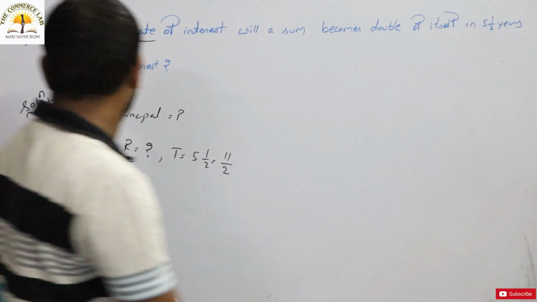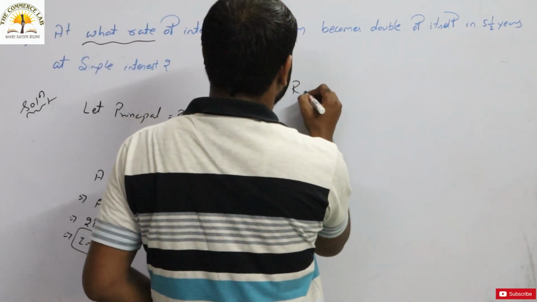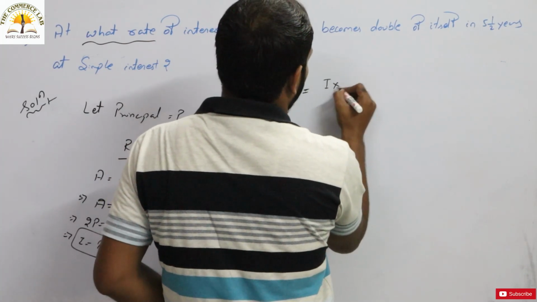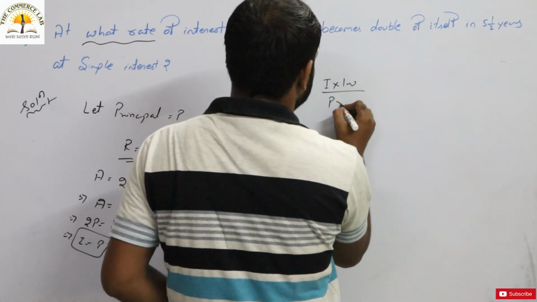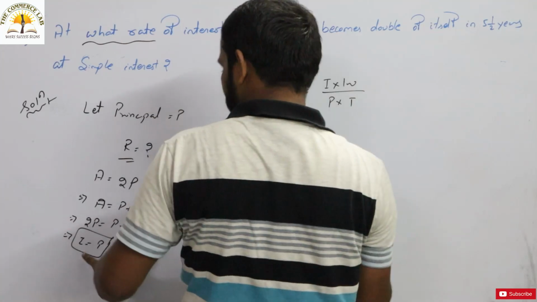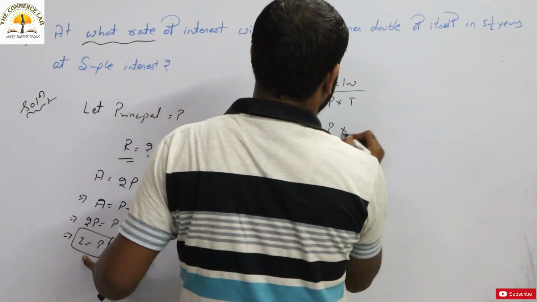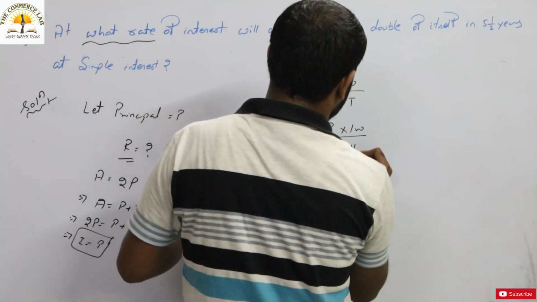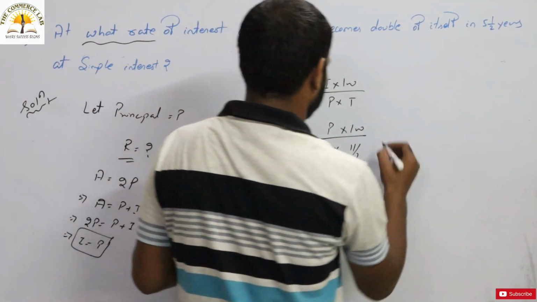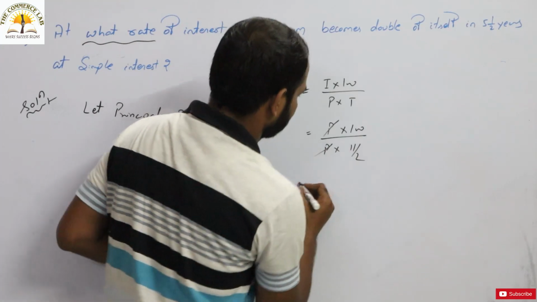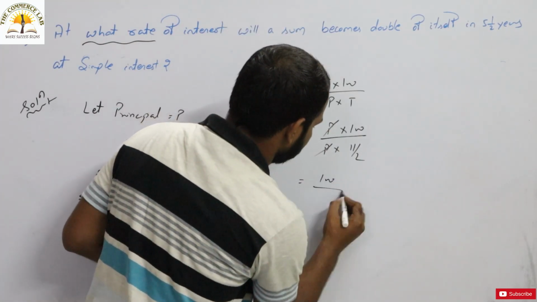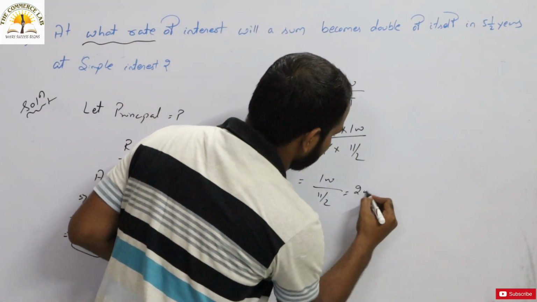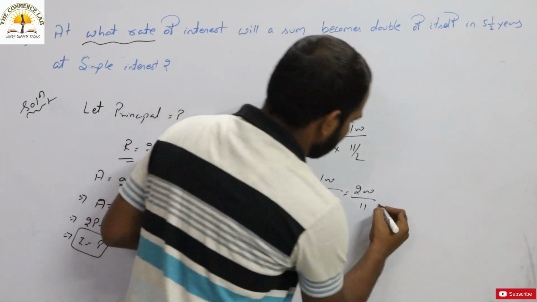Then R is equal to I into 100 by P into T. Here I is P, P is P, T is given 11 by 2. P and P got cancelled. So 100 by 11 by 2, that means 200 by 11.